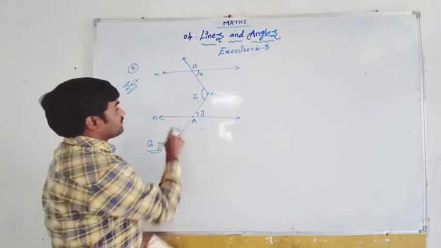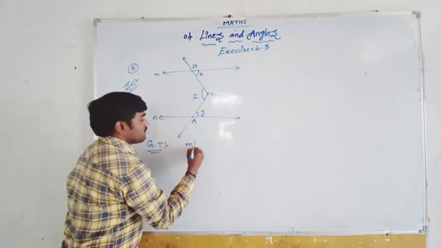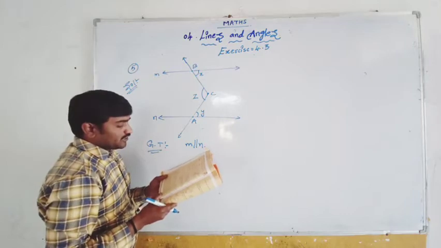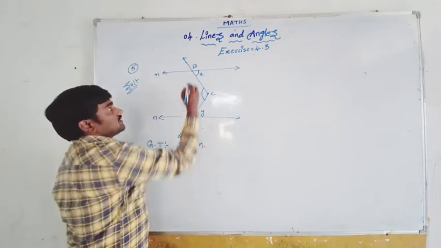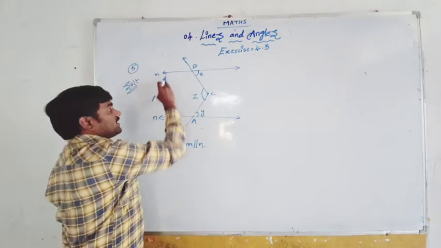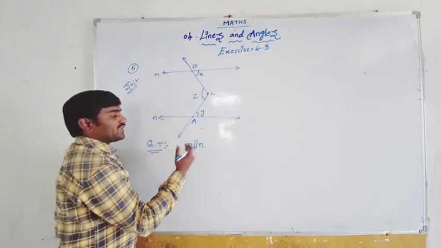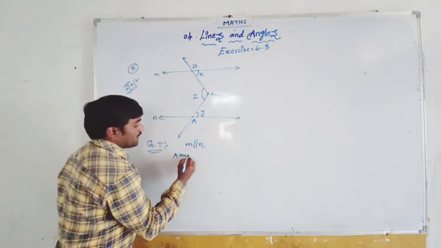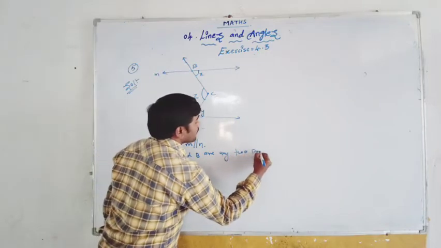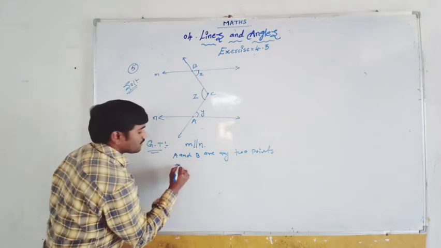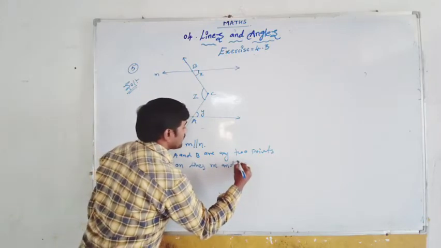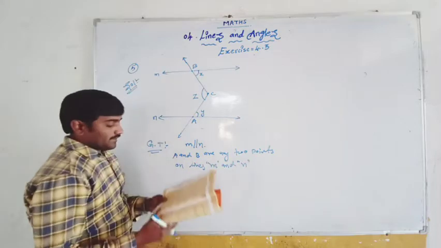In the adjacent figure, M is parallel to N. A and B are any two points on lines M and N respectively.